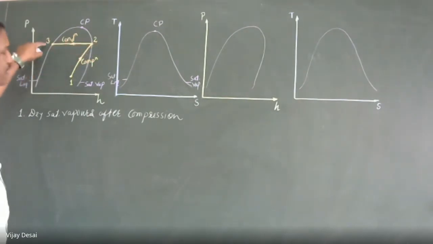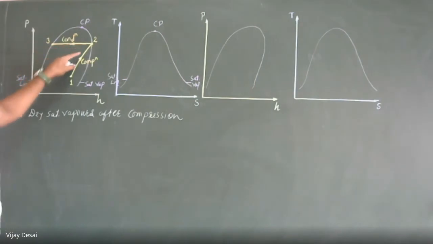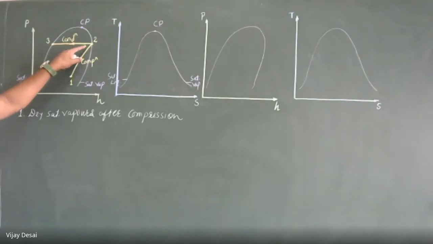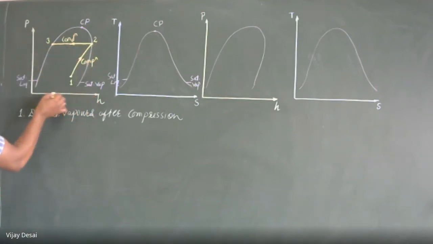So 2 and 3 have the same pressure. Sorry, temperature is the same because phase change takes place at constant temperature. But as we are removing latent heat, we observe that there is a reduction in enthalpy.